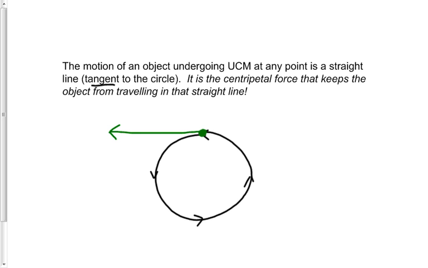If we remove the force right here, then it's going to go this way. Newton's first law tells us that. An object in motion will stay in motion in a straight line until acted upon by an unbalanced force. As long as the centripetal force is there, it's going to go in a circle, not a straight line. But as soon as it's gone, it's going to go in that straight line.